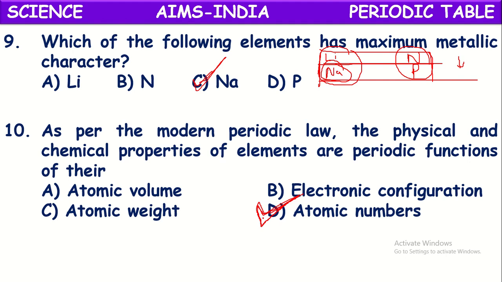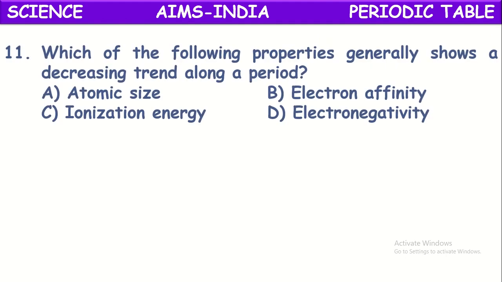Okay, next one. Which of the following properties generally shows a decreasing trend along a period? So what will be decreasing in a period of the modern periodic table? If you observe atomic size, what happens to atomic size in a period? We know in a period from left to right, atomic size decreases. Next, electron affinity.